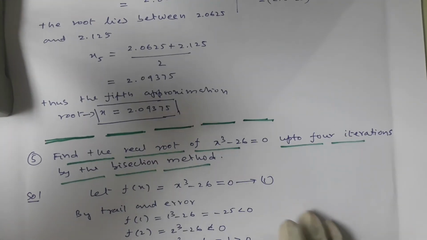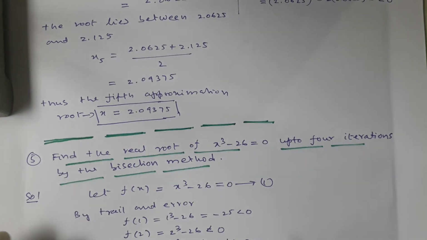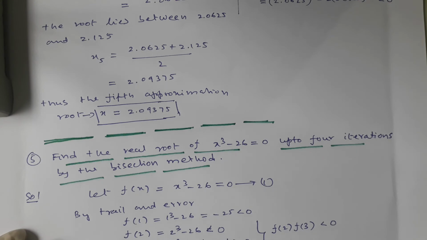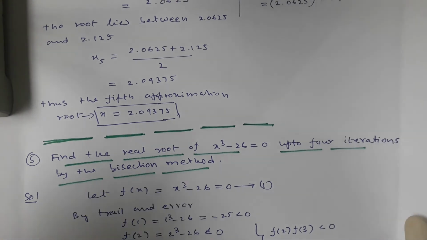See that here, from these two values, f of 2 into f of 3 is less than 0. So automatically the required real root lies between 2 and 3.